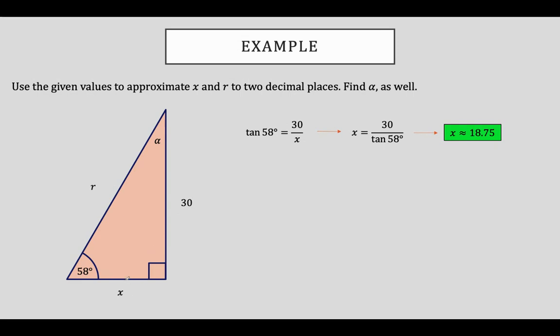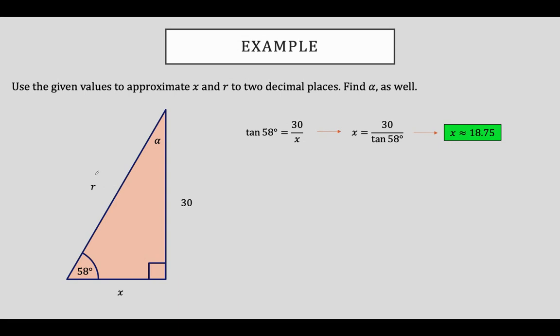And if we have 2 sides of a right triangle, we can find the third side using the Pythagorean theorem. Now, one reason we want to avoid doing that in this particular case is because x is an approximated answer, and if we got x wrong, then we are definitely going to get the wrong answer for r.